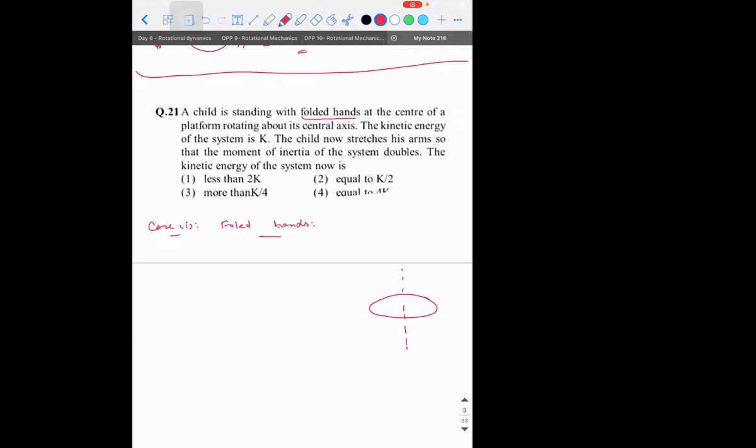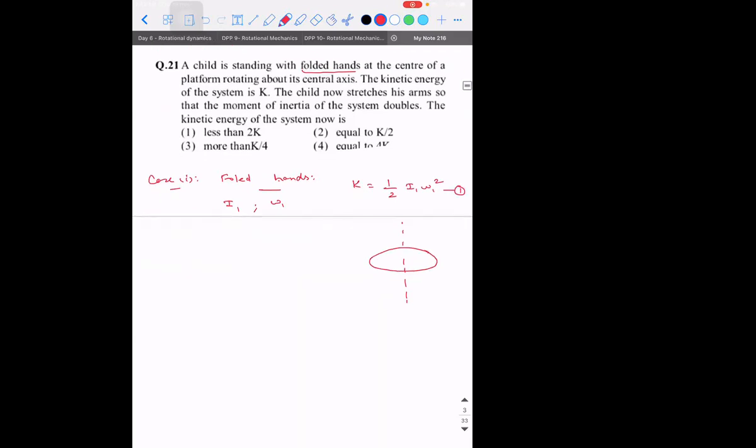In case 1, with folded hands, let's say the moment of inertia is I1 and the angular velocity is omega 1. Then what is going to be the kinetic energy of the person in the first rotation, which they told is K? K is half I1 omega 1 square. Let me call this equation number 1.